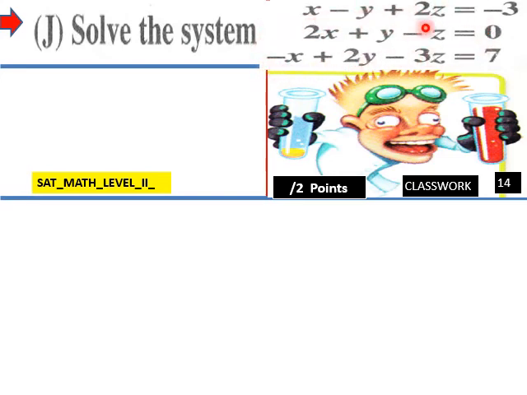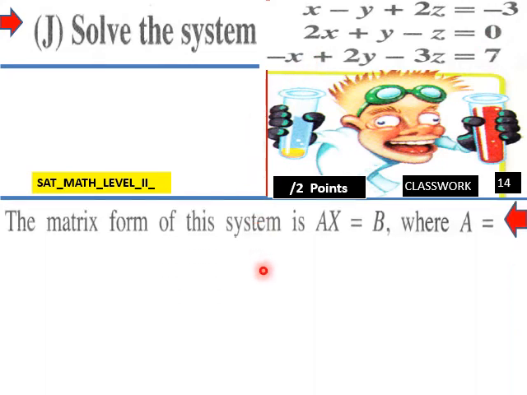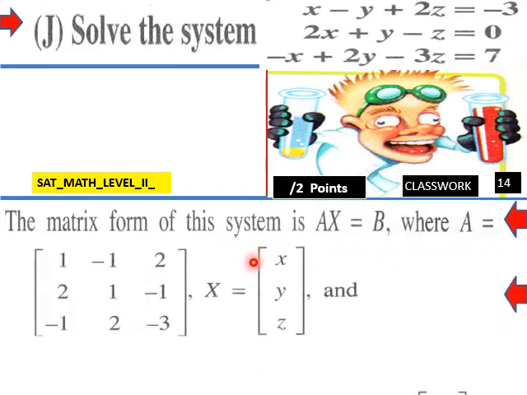We have x, y, and z variables here, and here are the constants over here. So how are we going to do this? The matrix form of this system is AX equals B, where here's our A, X equals x, y, and z, and B would be our constants out here.